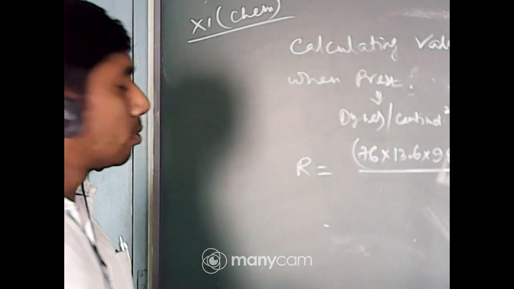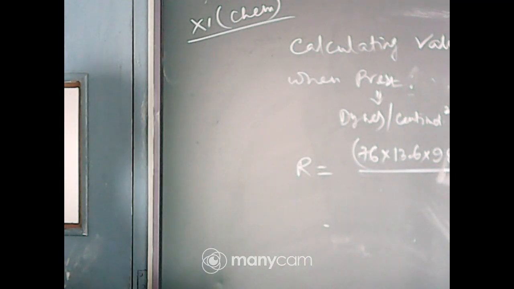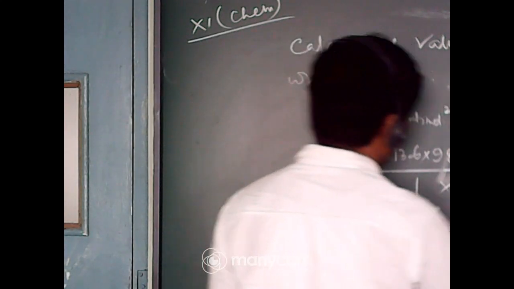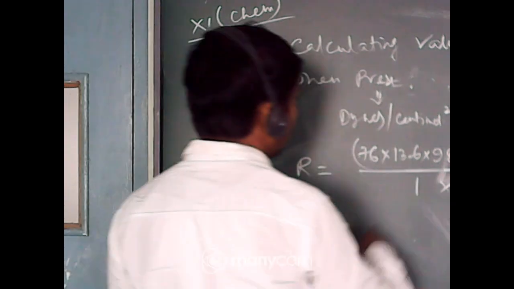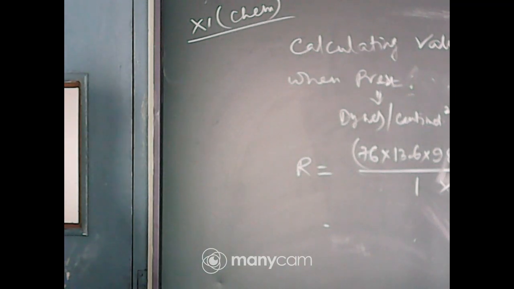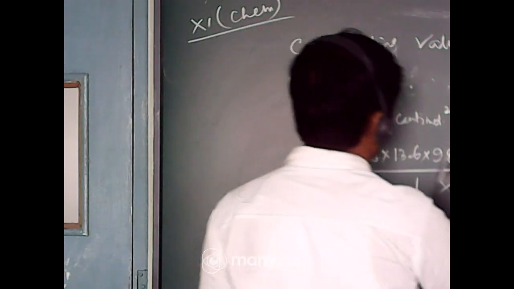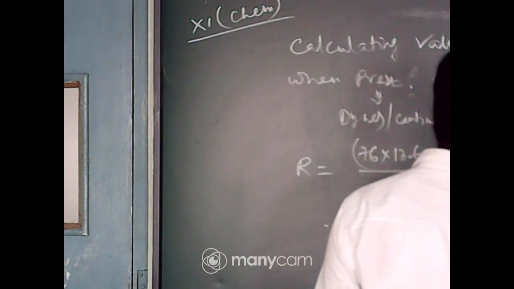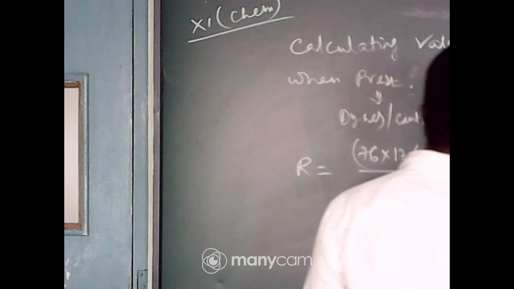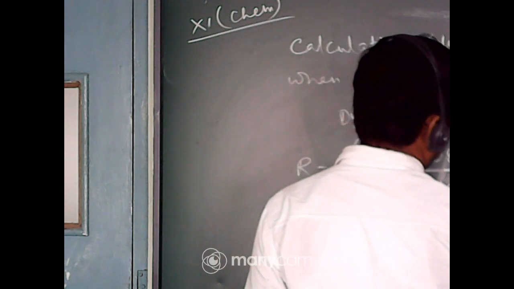Now, next one, it will be n equal to 1 mole and temperature equal to 273 Kelvin. So, the unit is dyne per square centimeter, into centimeter cube, divided by mole.